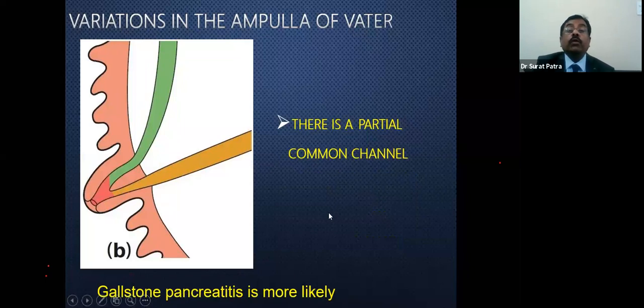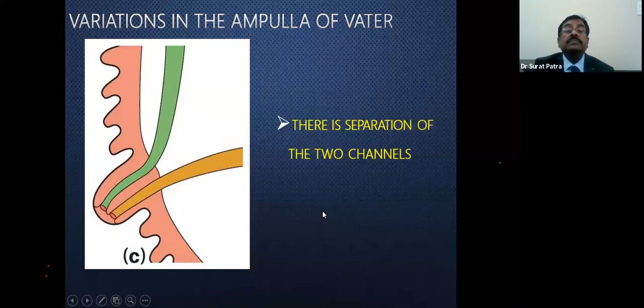The other anomaly could be a partial common channel. This sort of anomaly is also prone to gallstone pancreatitis. There could be separation of the 2 ducts opening into the ampulla of Vater.